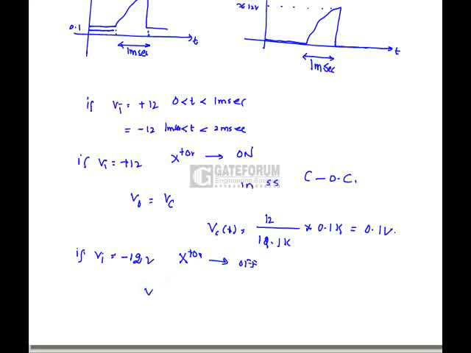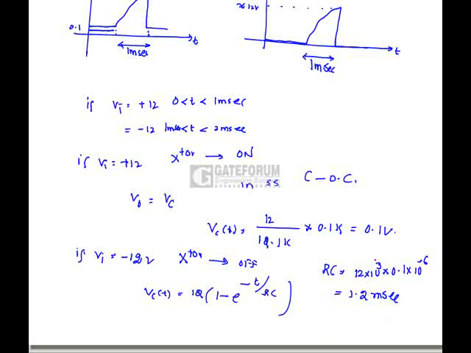So Vc of t is nothing but 12 into 1 minus e power minus t by RC. Here RC is the time constant, that is 12 into 10 power 3 into 0.1 into 10 power minus 6, which is 1.2 milliseconds.